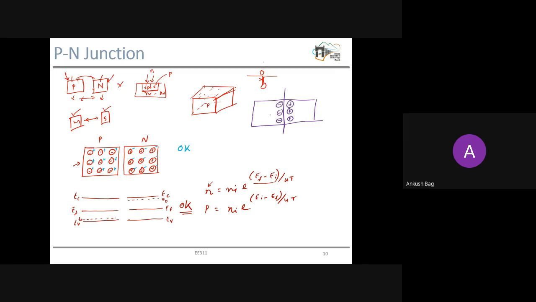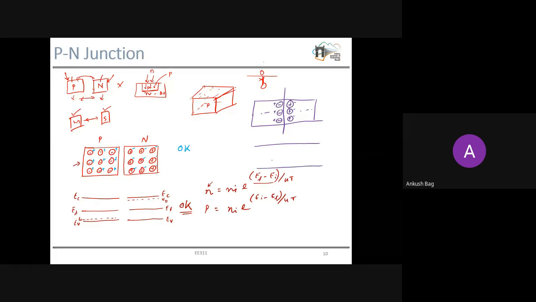And still it is at 0 Kelvin. If it is still at 0 Kelvin, then still these holes or electrons are attached to the ions. There is no free carrier. This thing will get repeated here and here. Now, what will be the band diagram?